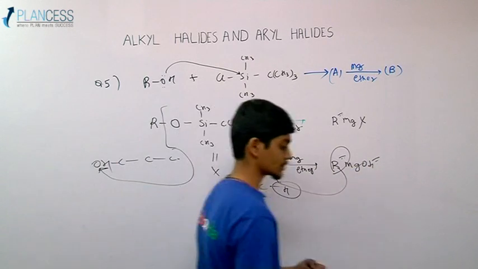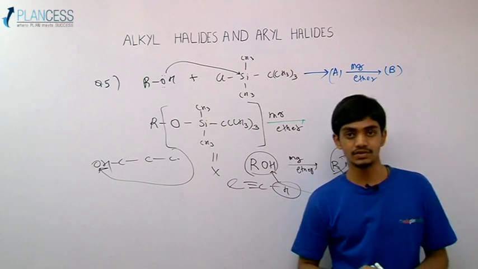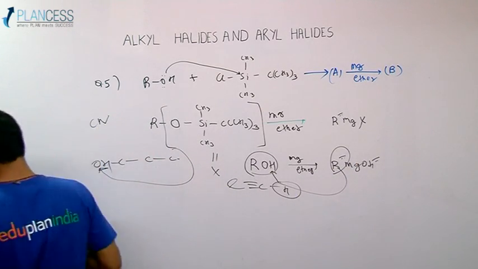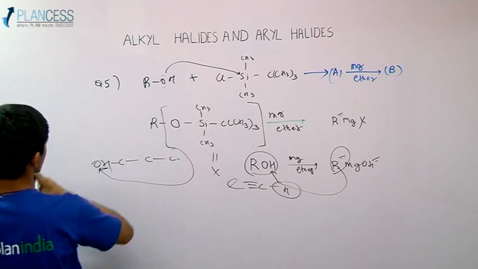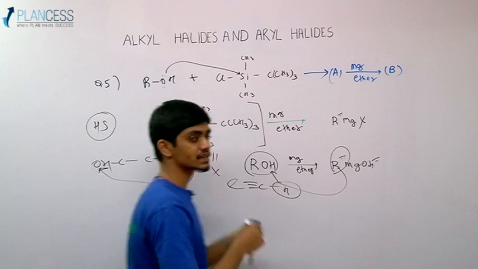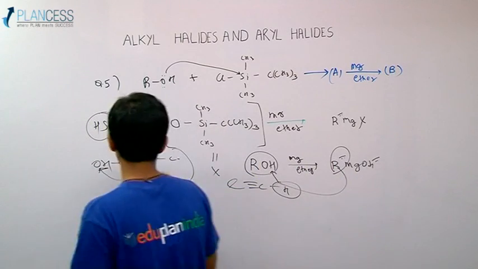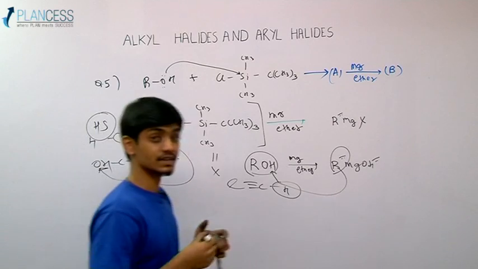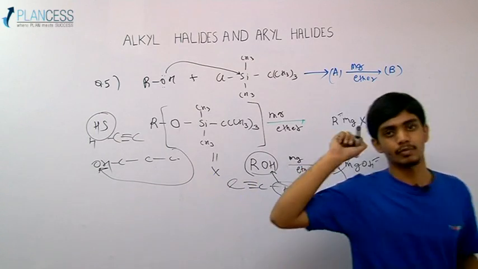So Grignard reagent cannot be prepared with the compounds in which there are acidic hydrogen groups. We have OH, we have some groups like SH. So if it contains all these kind of groups, and also I told you C triple bond C, so if it contains a terminal alkyne, then also it cannot be prepared.